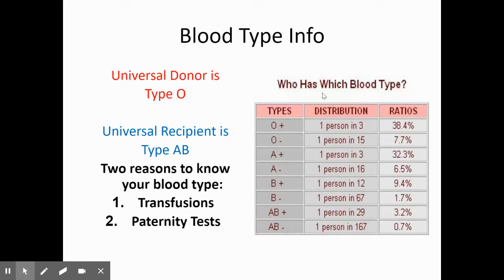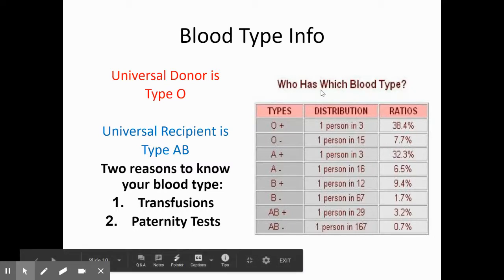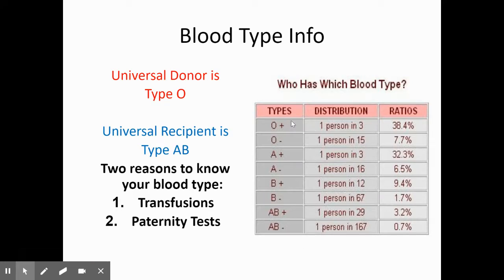All right, so this is our last slide. Another question that students always have as well is, is my blood type rare? Is it common? This is just a distribution of the population. Notice that we have a lot of individuals who are O positive. Also a lot of folks who are A positive.